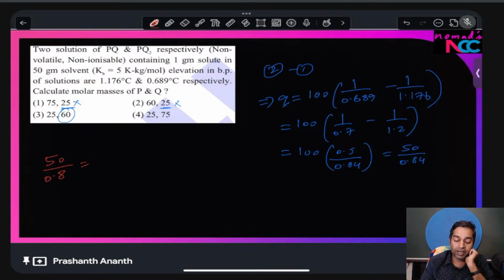So 50 by 0.8 is going to be greater than 50 by 0.84, correct? 50 by 0.8 will be 500 by 8, meaning we can take this as 125 by 2. I'm dividing by 4, by the way. So 125 by 2 works out as approximately 62.5. So this is going to be greater than 50 by 0.84. So the best answer here is option 3. So the answer has to be option 3.